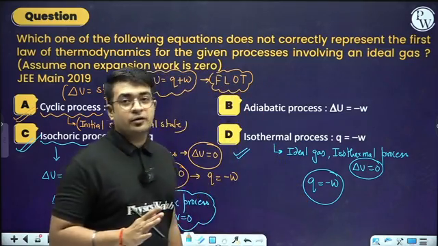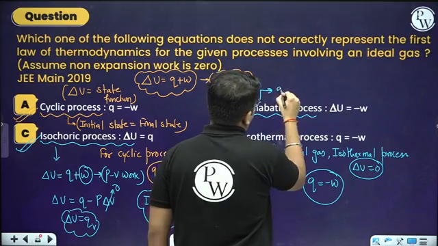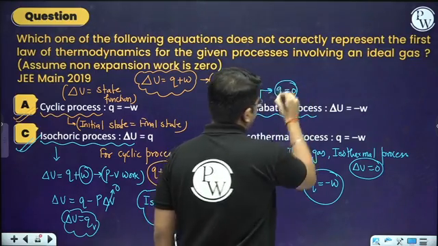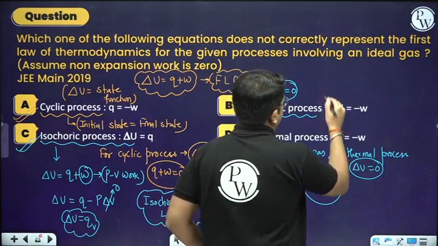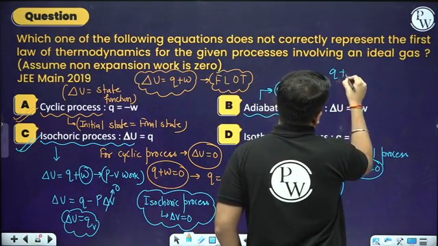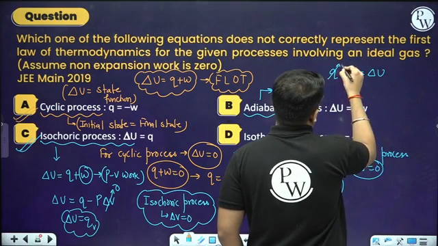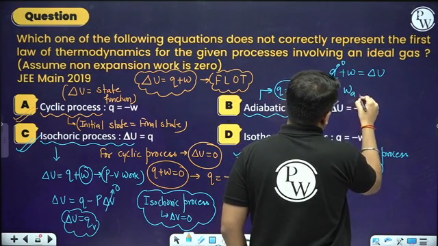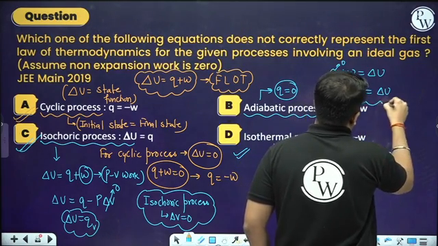Now the last part, what is an adiabatic process? In that case, I already told you that the heat change will be 0. There will be no change in the heat. So Q plus W is equal to delta U becomes W of adiabatic equal to the change in internal energy.